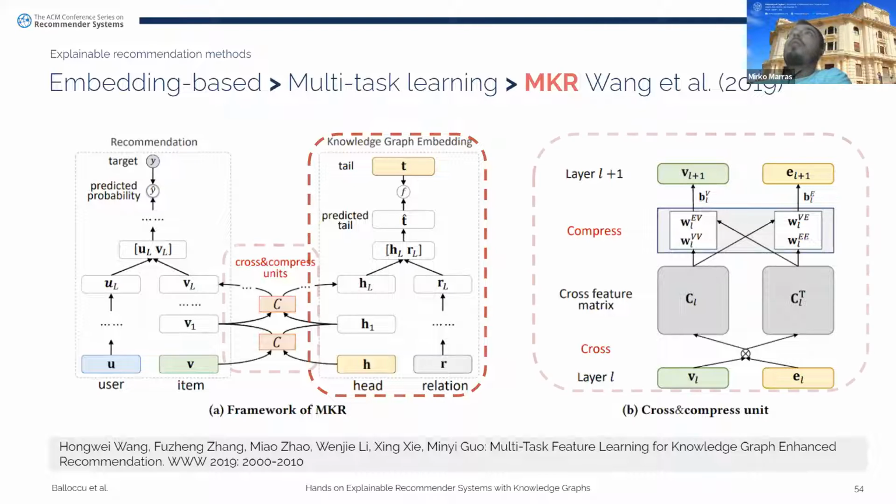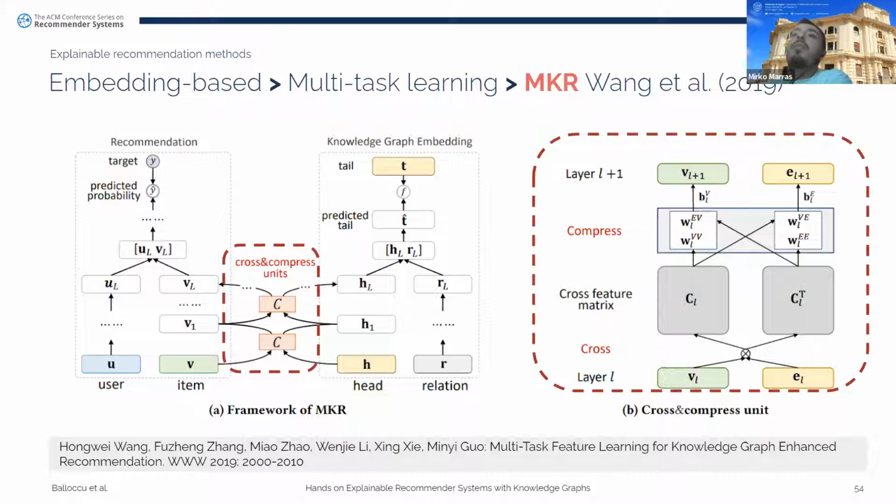The recommendation module and the KG module are bridged by the specially designed cross and compress units. And this proposed unit can automatically learn high-order feature interactions of items in recommender systems and entities in the knowledge graph.